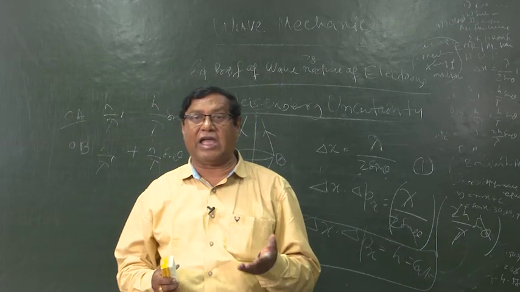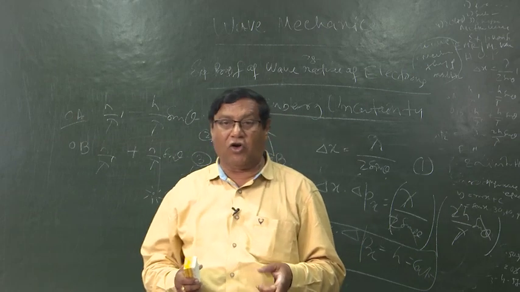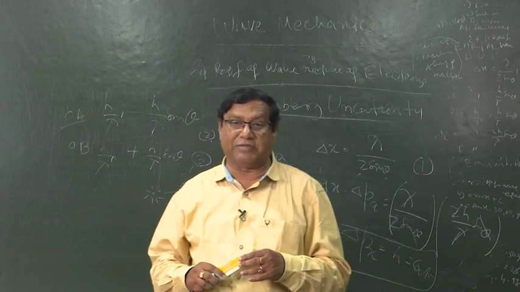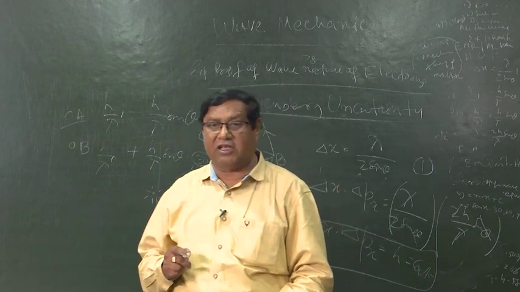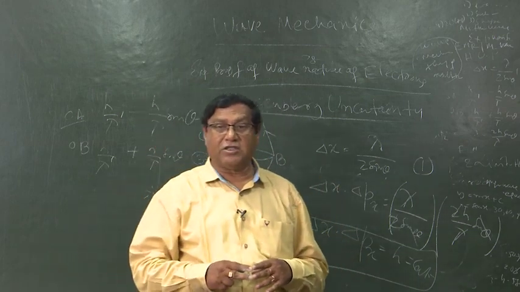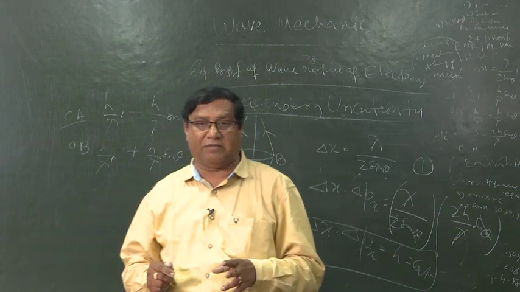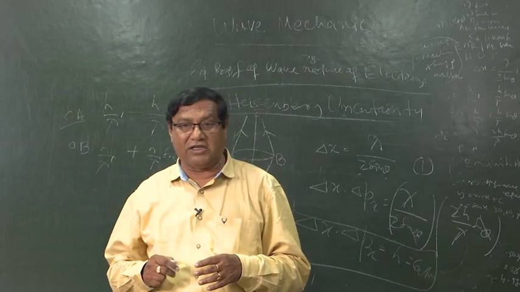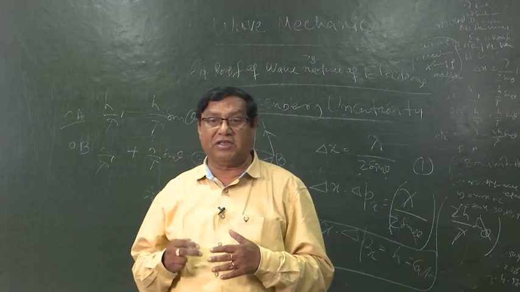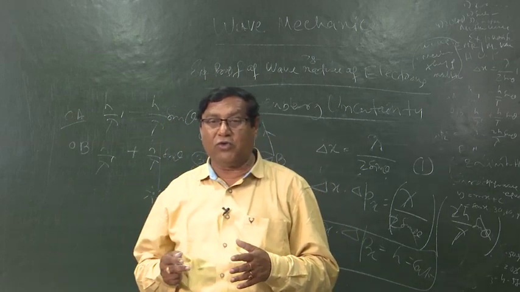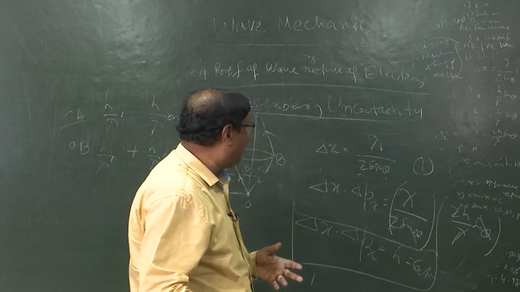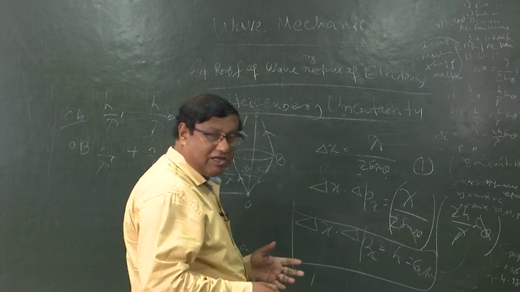Both things cannot be done at the same time. This is the message of the Heisenberg principle: if two things are done, one is correct and the other is inaccurate. This is the limit of nature. This is Heisenberg's uncertainty principle.